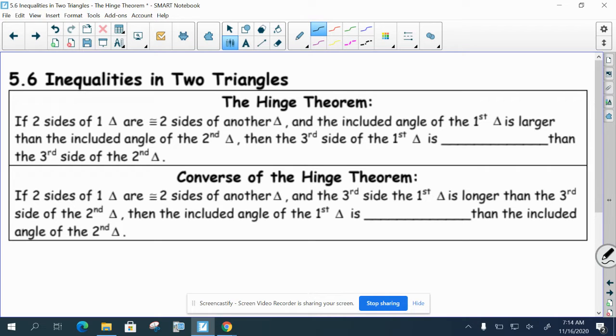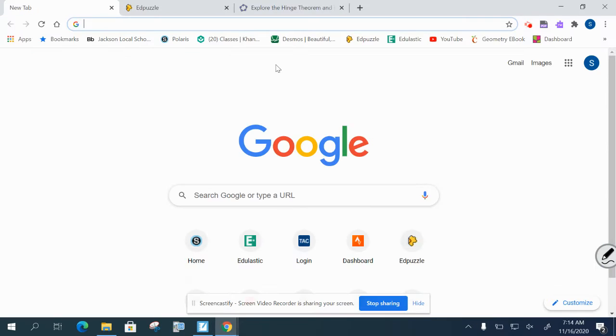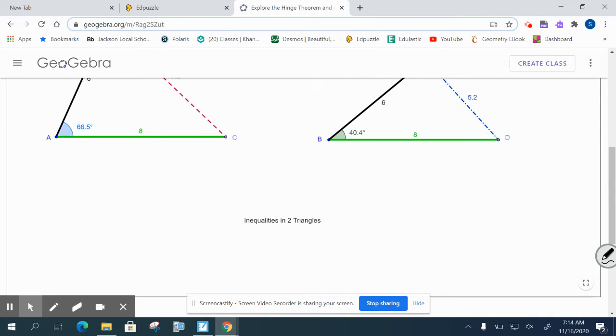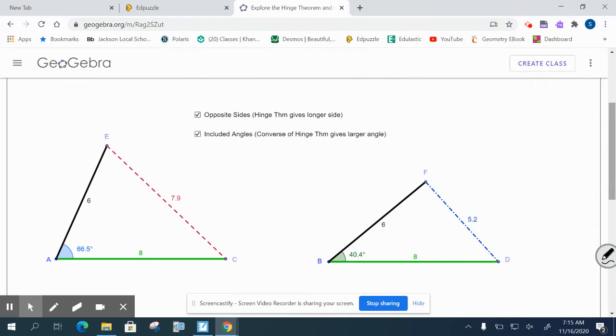So to explore this concept, we're going to take a look at a GeoGebra applet. So here, for inequalities in two triangles, the theorem is actually called the Hinge Theorem. Think of it like a hinge on a door. So the door and the door frame are always going to be the same length. So here we've got 6 and 8, 6 and 8.